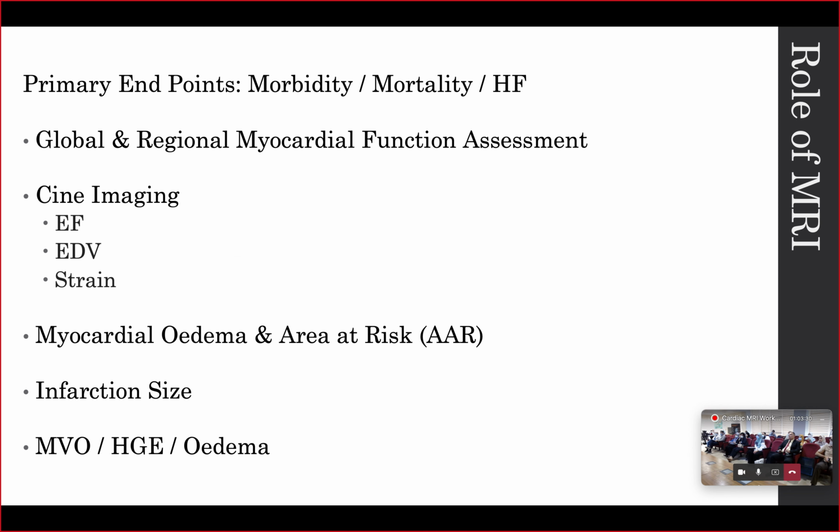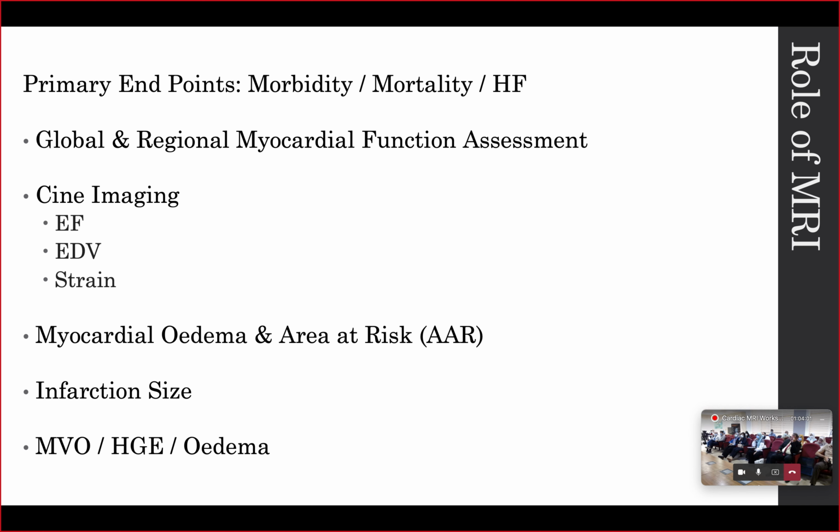Understanding that the goal of the PCI is to prevent and stop any adverse events or negative remodeling of the left ventricle, we would understand that the role of MRI would appear in the post-MI, when the MI stabilizes, so during day 2 until day 7, because most of the domains that you see on the screen now could be easily assessed on MRI.